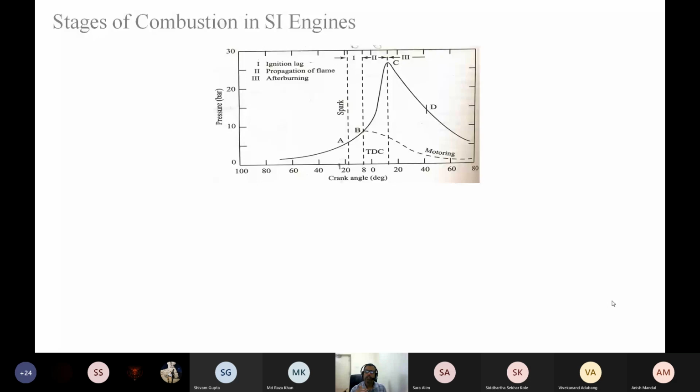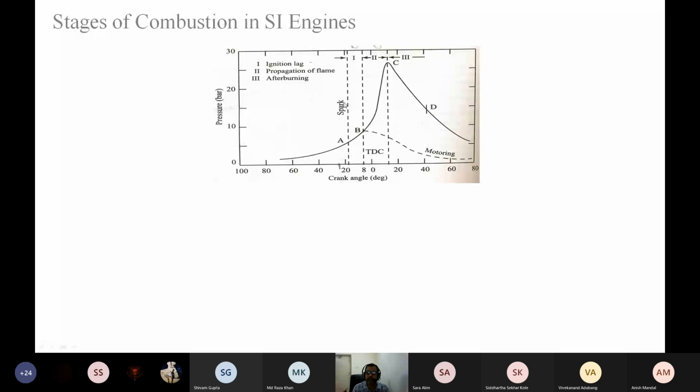Towards the end of the compression stroke, a spark takes place, or external energy is supplied with the help of the spark, that will initiate the combustion.